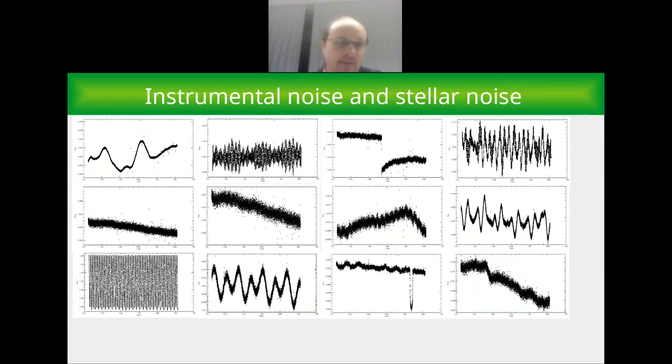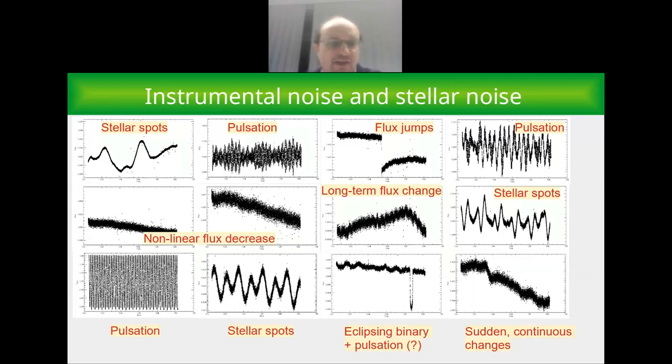And you can see many effects, which are due to stellar spot variations or even instrumental effects like flux jumps or long-term changes. But also an eclipsing binary can show extra eclipses due to a planet, but then the eclipsing binary eclipse is a disturbing factor for us.